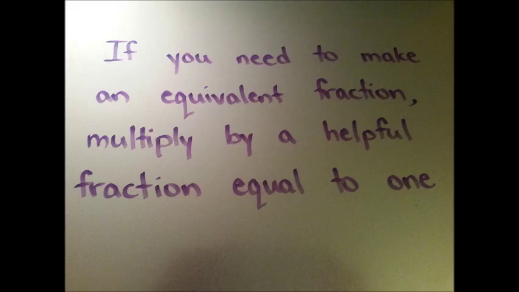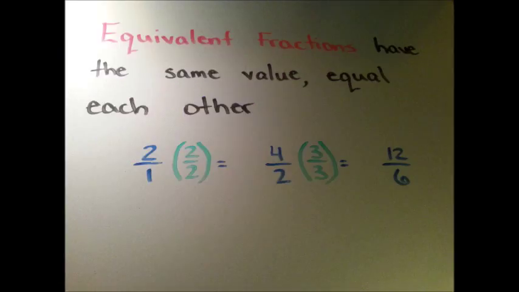If you need to make an equivalent fraction, one really helpful strategy is to multiply by some helpful fraction that's equal to 1. Well, what do we mean by a helpful fraction? If we take a look at that example we just had, 2 divided by 1 was equivalent to 4 divided by 2. 2 multiplied by 2 gives us 4, and 1 multiplied by 2 gives us 2. There's an equivalent fraction.